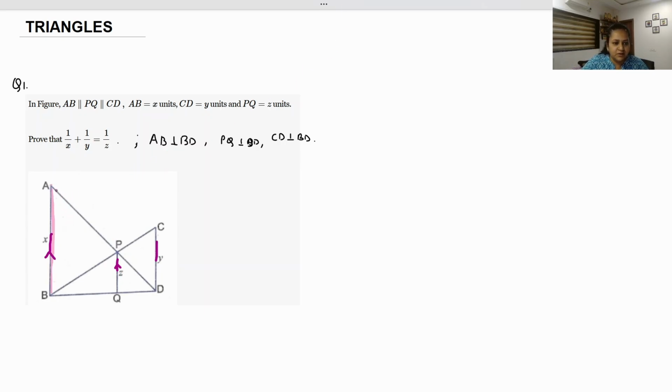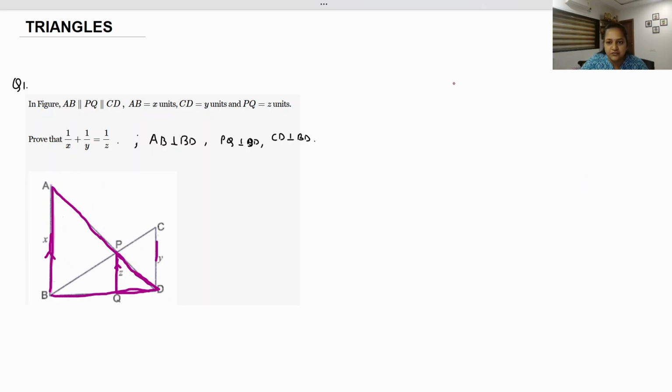ABD is the triangle of which X is a part, and PQD is another triangle of which Z is a part. Both X and Z are parts of PQ and AB, which are bases of the triangles. Whenever we are dealing with the base of the triangle, we are not going to use BPT, we are going to use similarity.